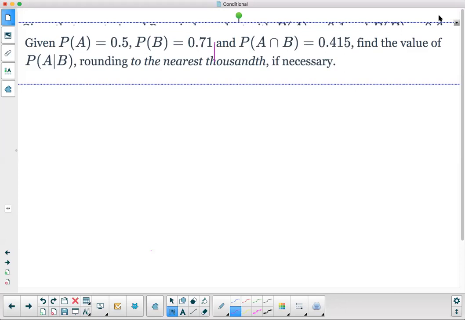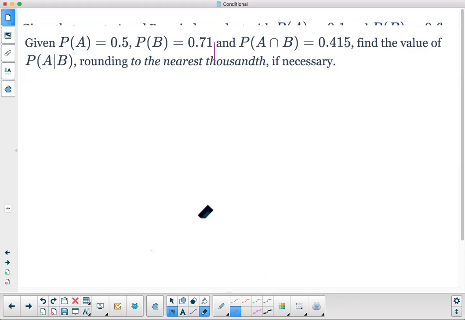Okay, back. Really don't feel like editing anything, so I'm just going to jump right into this problem.